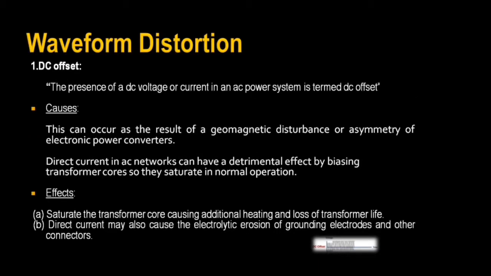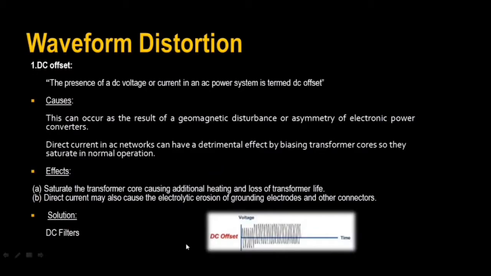The effects are: saturating the transformer core, causing additional heating and loss of transformer life. Direct current may also cause electrolytic erosion of grounding electrodes and other connectors. And the solution for this is DC filters.